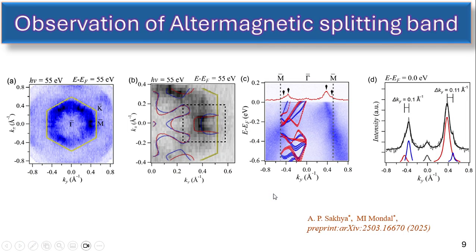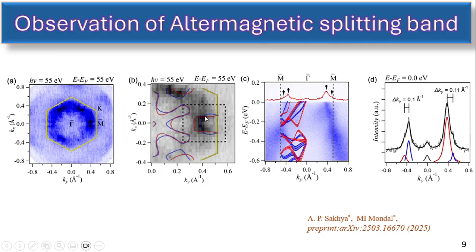So therefore we take the data at Kz equal to pi over 2c, which corresponds to photon energy of 55 eV, and here it is the zoom view of this Fermi surface where we overlay the DFT calculation. Inside the dotted box, which is the M point, the DFT calculation exactly matches with the dog bone pocket here.